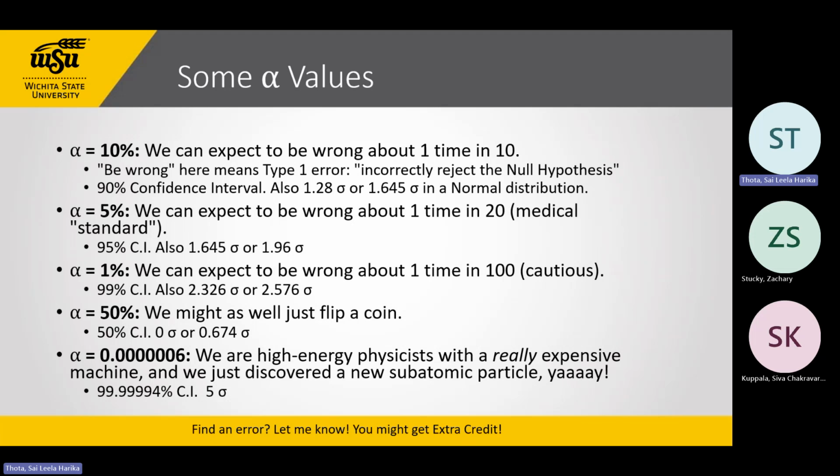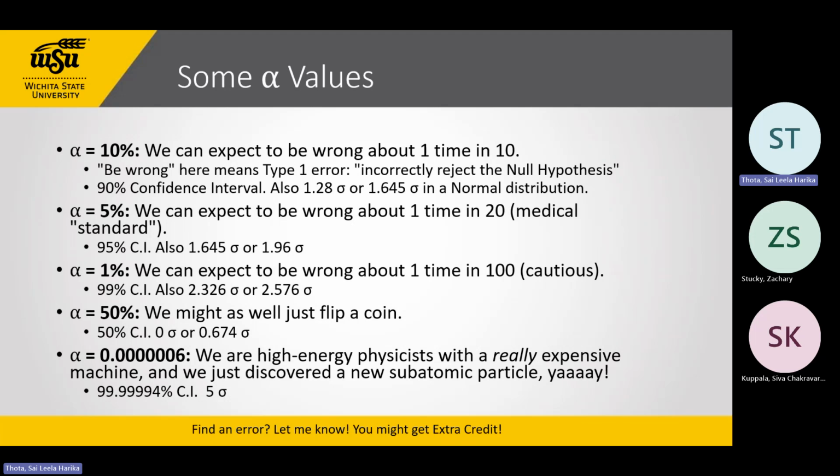For example, if alpha equals 50%, when we toss a coin there is a 50% chance of getting a head or a tail. So it comes under alpha equal to 50%, which is a 50% confidence interval, and the sigma values are 0 and 0.674.